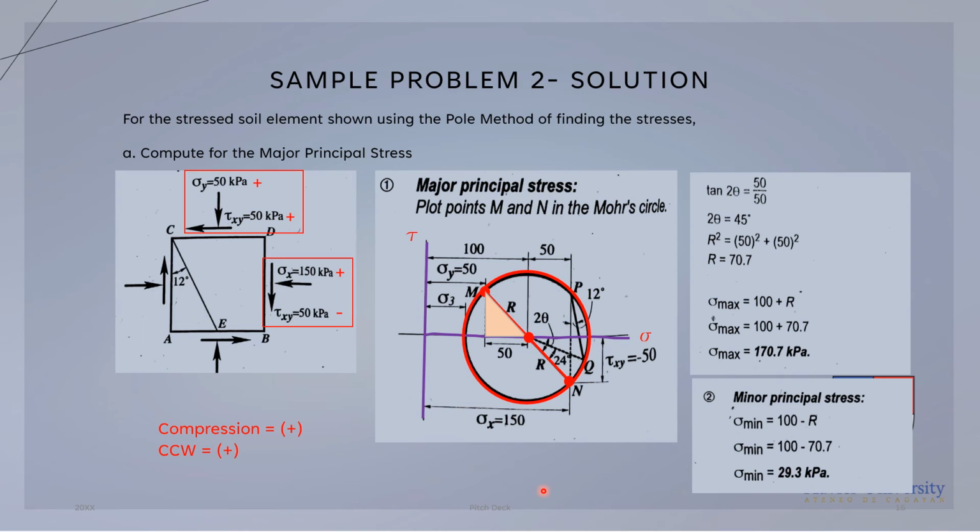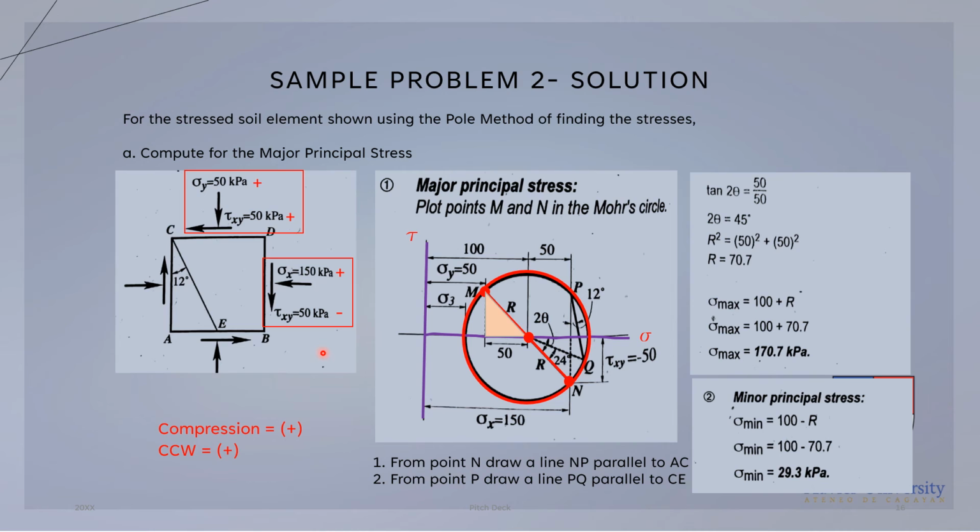Okay, so the next thing that we are asked for is the normal stress and the shear stress, no, on point CE, or on our point of failure or plane of failure CE. So for us to do that, we have to follow these two steps, no, or most common steps, although there are a lot of ways on how to proceed with the computation of our normal stress and our shear stress for point CE, no, but let's just follow this one.